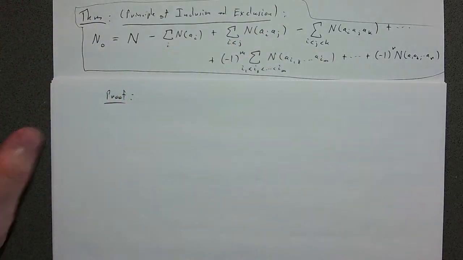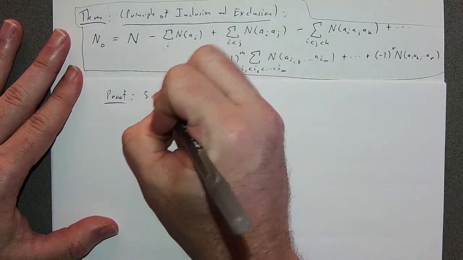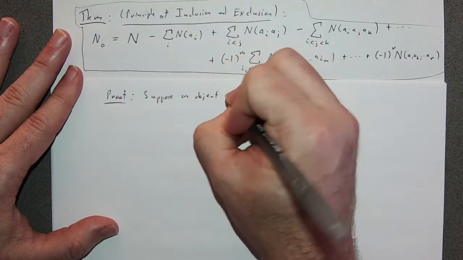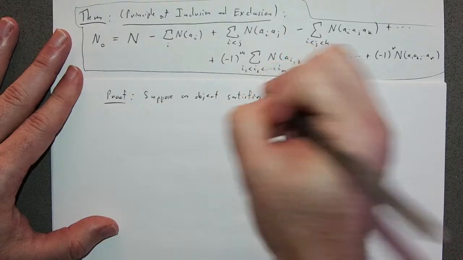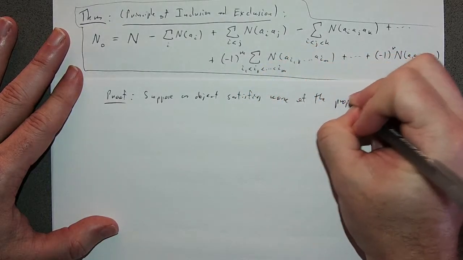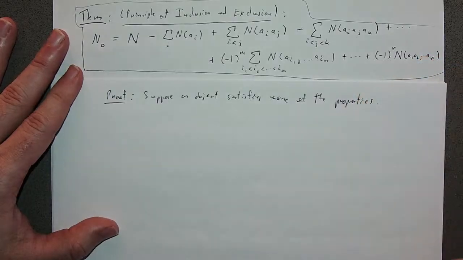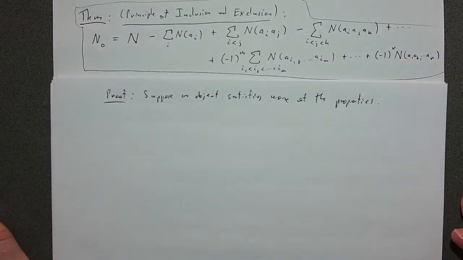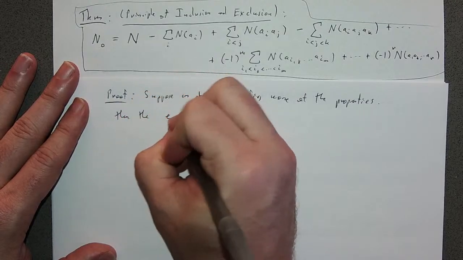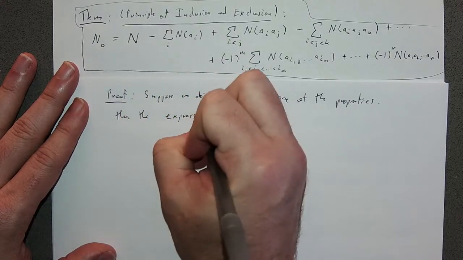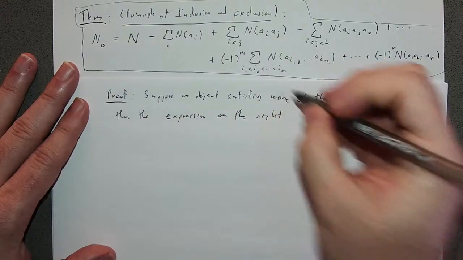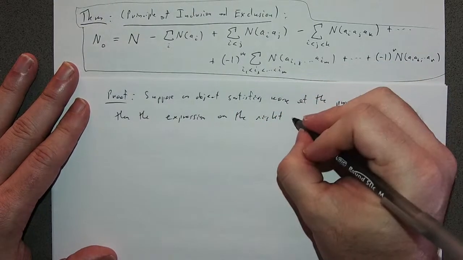Okay, suppose an object satisfies none of the properties. Then the expression on the right counts it precisely once.